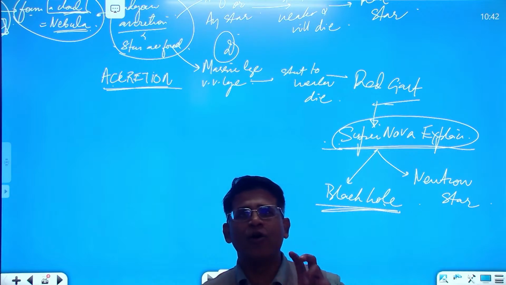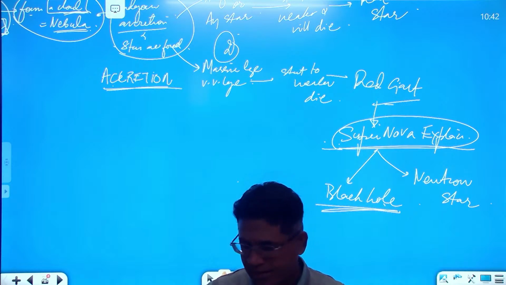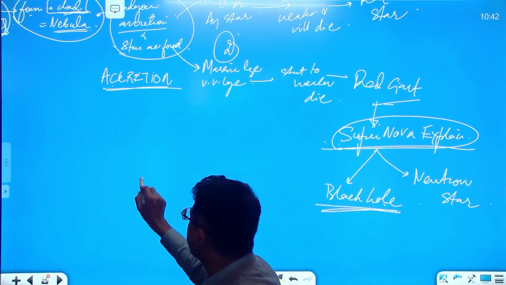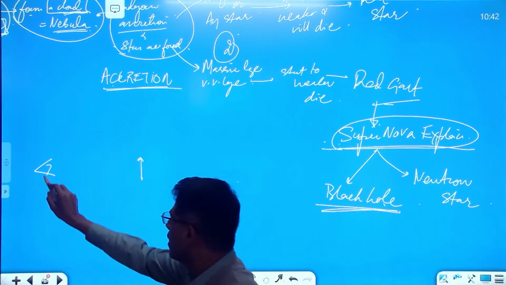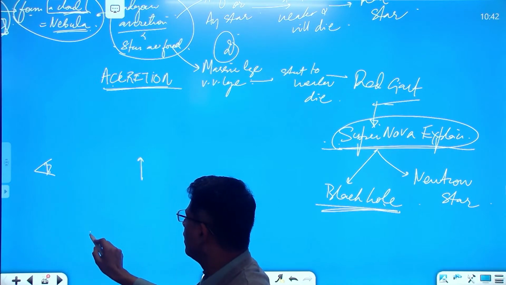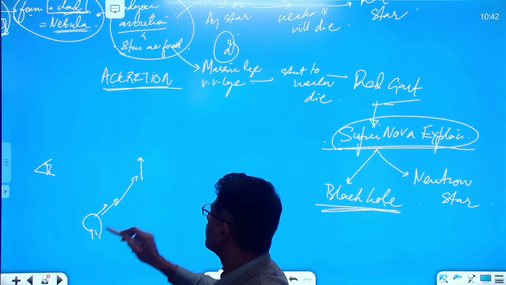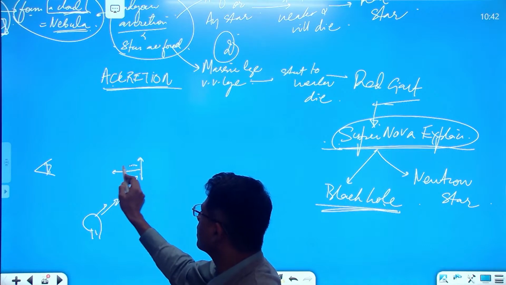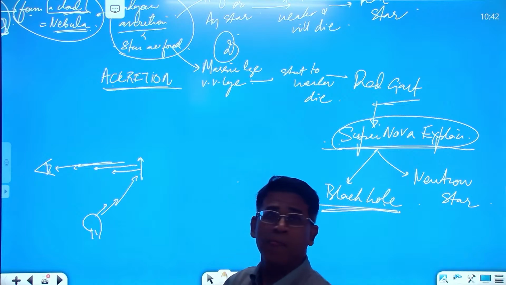Why do we call a black hole black? How do you see anything? How does my eye see it? I see it because there is some light source. The light source hits the object, light reflects back from the object, and you see it.